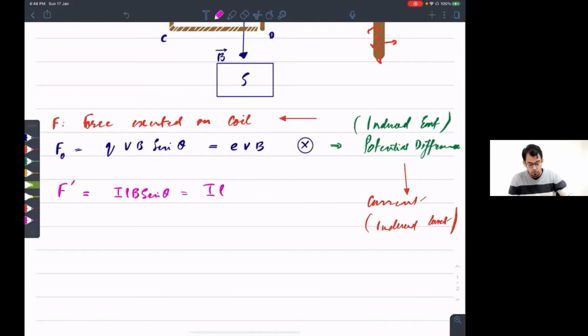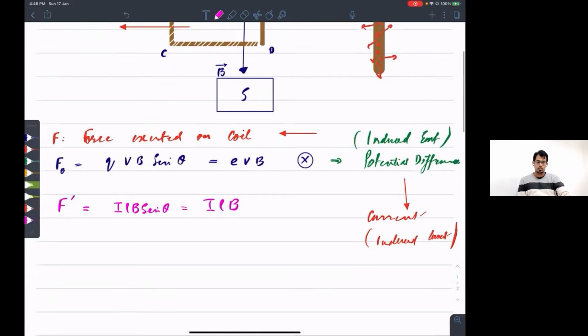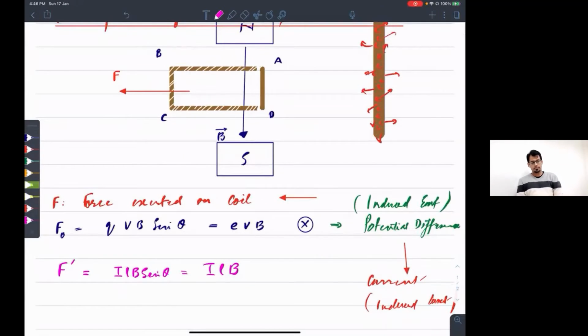By looking at the diagram, you will surely agree theta is 90, so it will just become ILB. My interest is actually in the direction of this force. If any one of you can tell me the direction of this force. Yes, what should be the direction of this force?